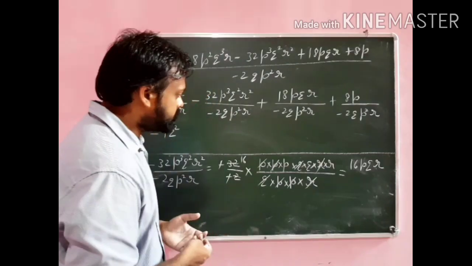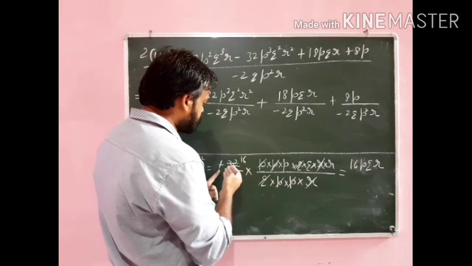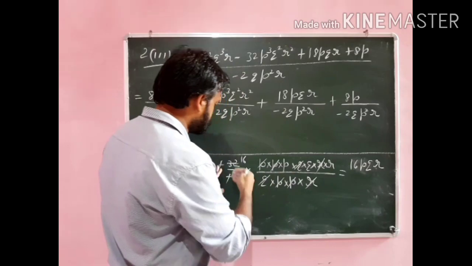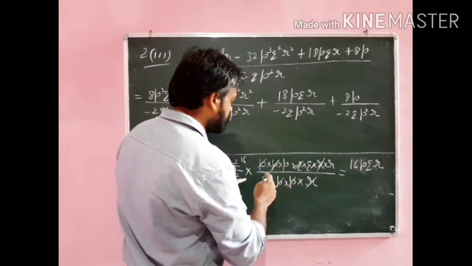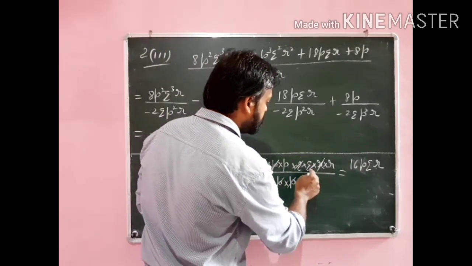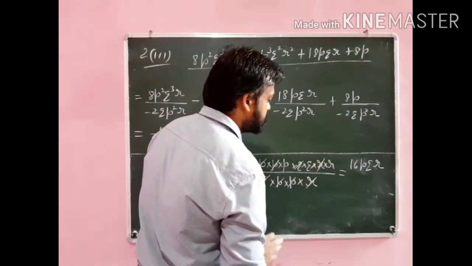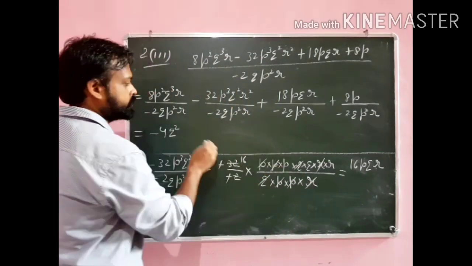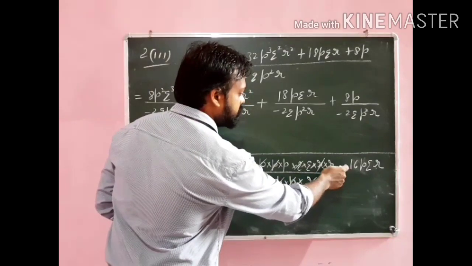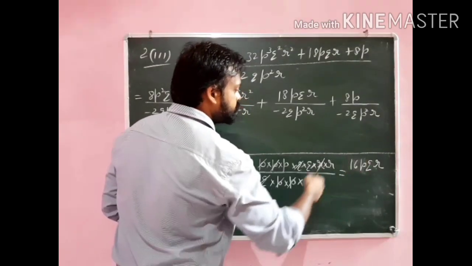So what we got left is 16 into p into q into r. In the denominator no term is left, so we can write it as it is. The sign is plus because this term is a positive term.